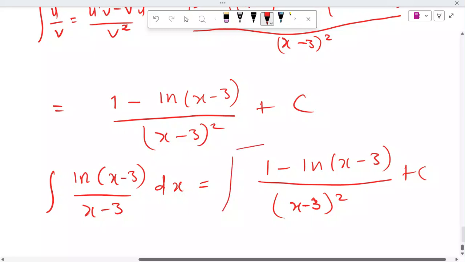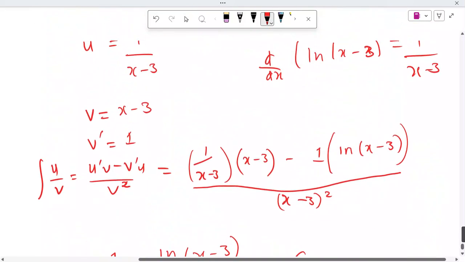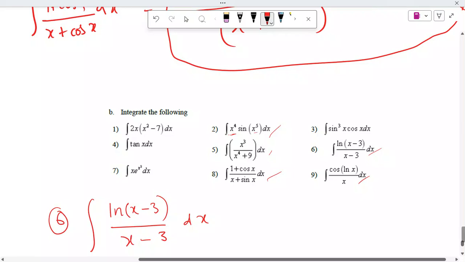So this is your part. What part is this? We've lost count. Okay, part 6.